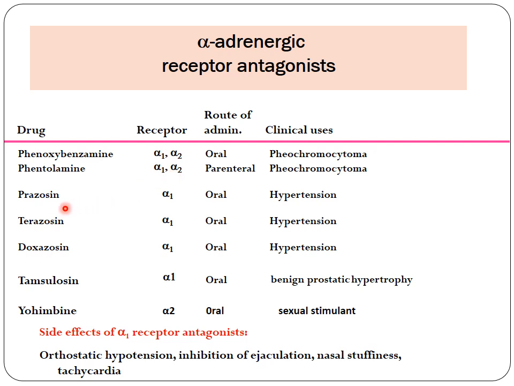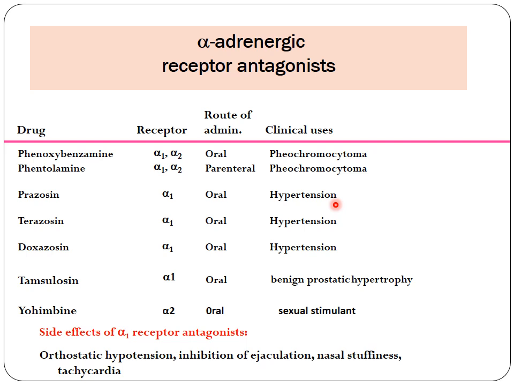What about the selective alpha blockers, for example, prazosin, terazosin, doxazosin? These three are selective alpha 1 blockers. They are used in the treatment of hypertension. The mechanism is that alpha 1 is mainly present in the peripheral vasculature.